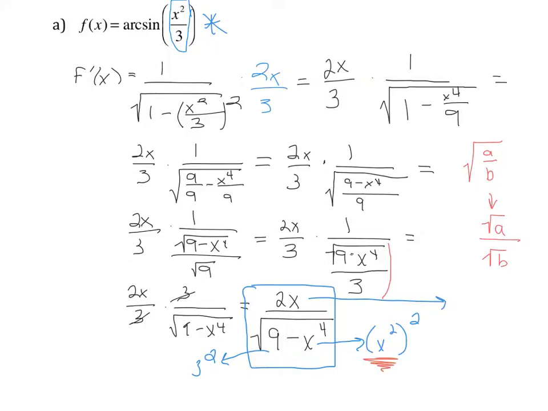If I call x squared u, u is obviously a function of x, then we can label this 2x right here as the derivative of u with respect to x. So that's u prime, or you could say du dx or whatever.